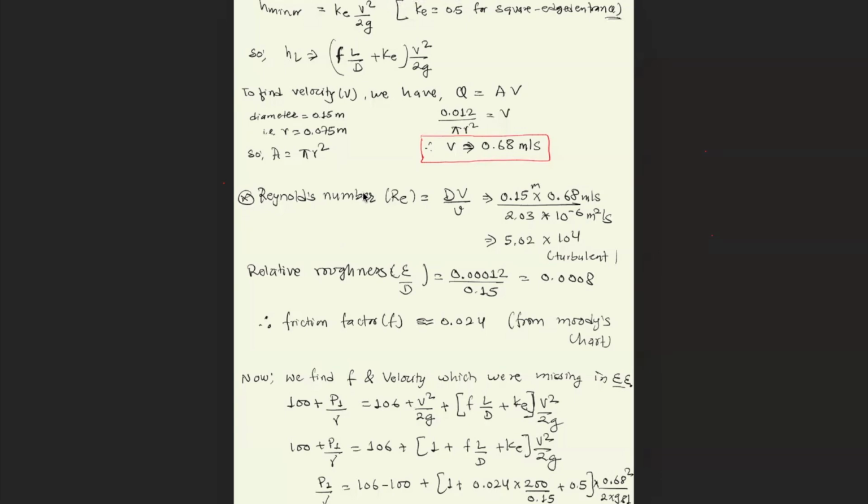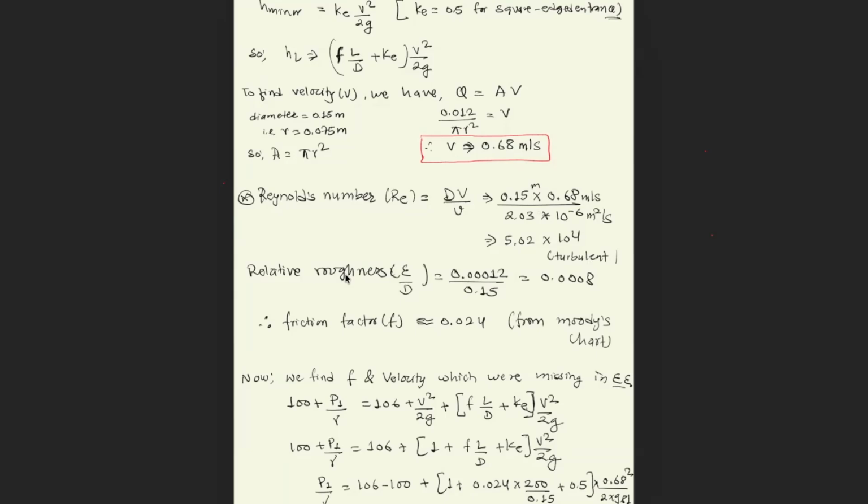For finding F, as in the previous question as well, we talk about Reynolds number and relative roughness. So we calculate the Reynolds number. We are given D and the kinematic viscosity as well, and we just put the numbers in the formula, and we got 5.02 times 10 to the power 4, turbulent.